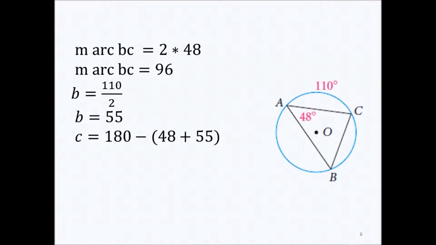So 180 minus the 48 of angle A and the 55 of angle B will give us the measurement of angle C. 48 plus 55 is 103. So 180 minus 103 is equal to 77. Angle C is 77.